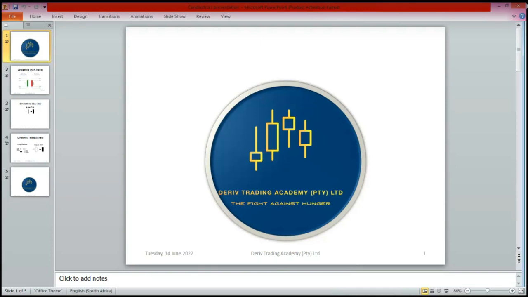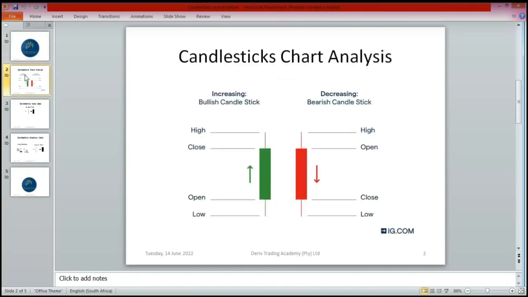Now in today's episode, we are going to take a deeper look at candlesticks and why they are so important when it comes to trading. Okay, let's take a look. All right.